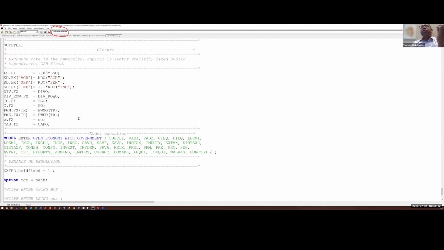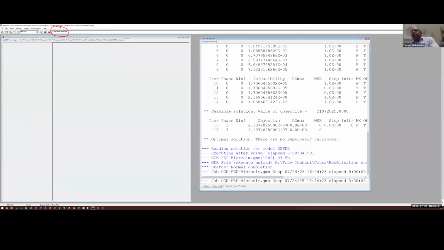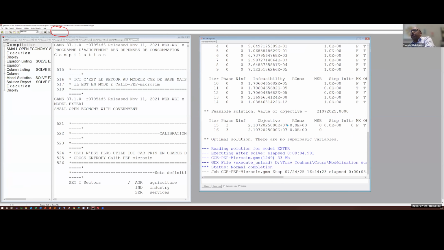Now we have to solve the model without any simulation, calibrated in the global situation. I run it. It takes more time than a global model, but it found the solution.